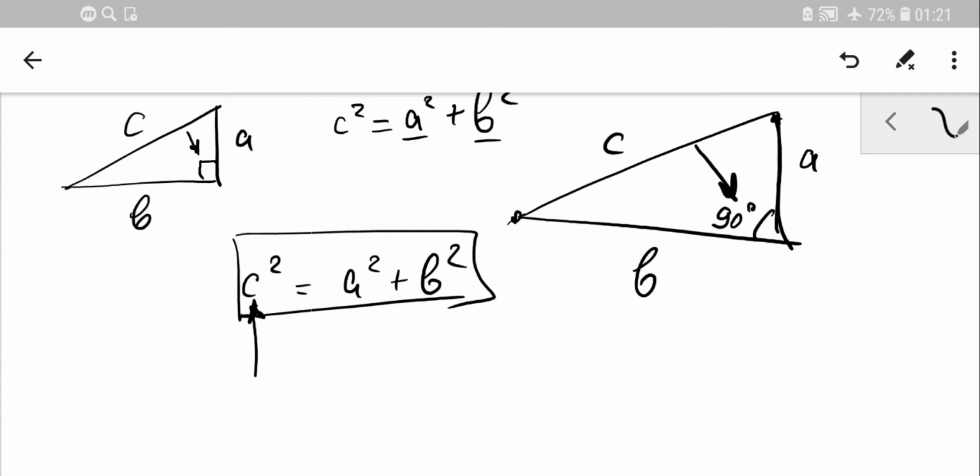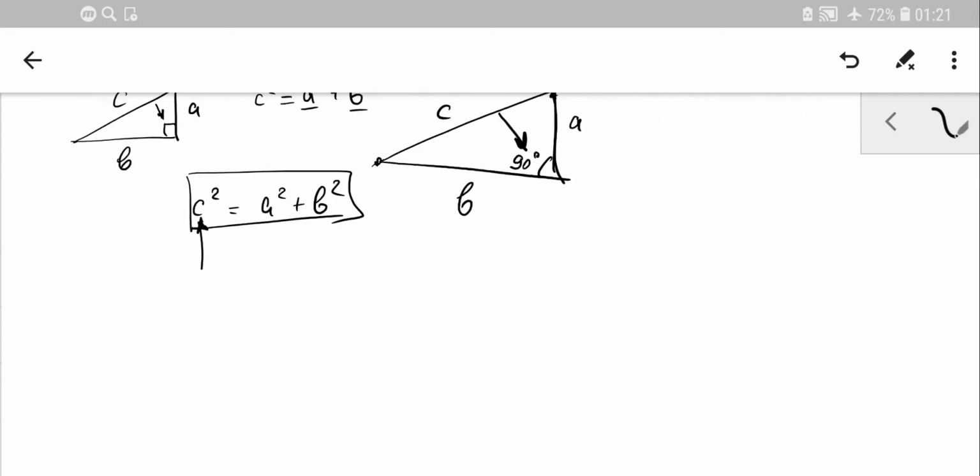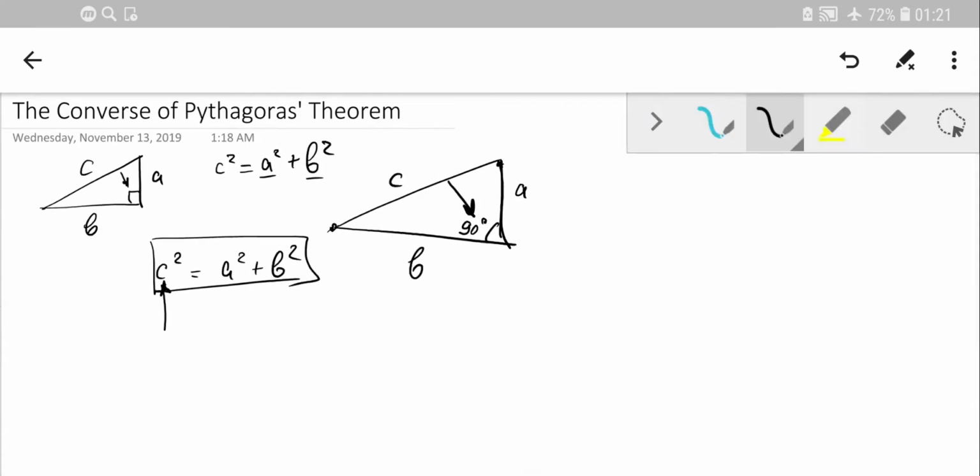So for example, let's test the following triangle with sides 8, 5, and 6. We need to test whether this triangle is right angled or not.